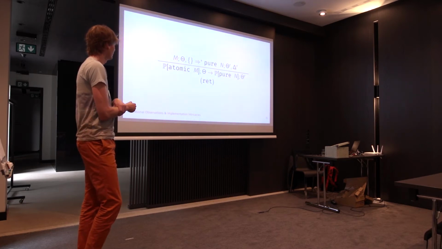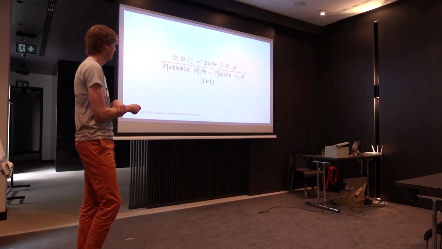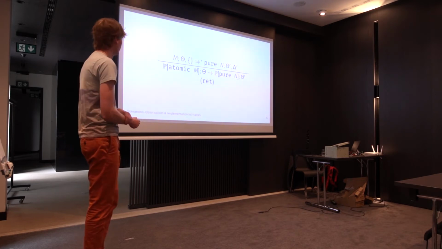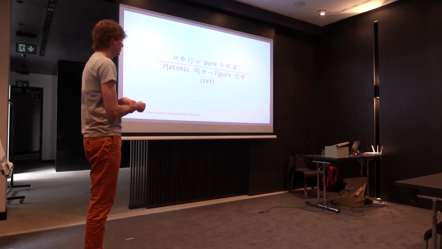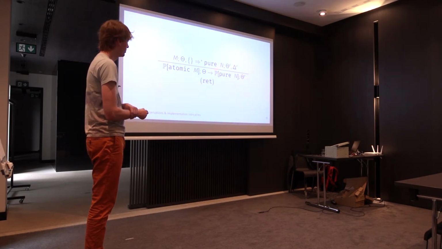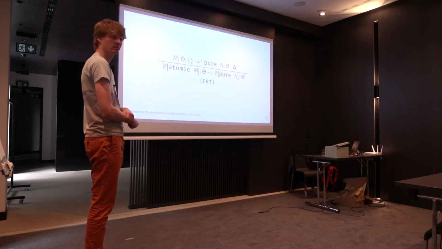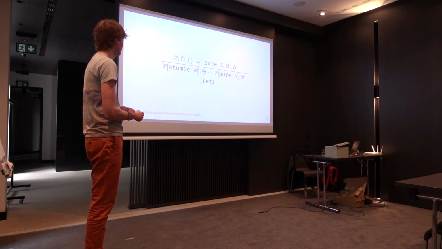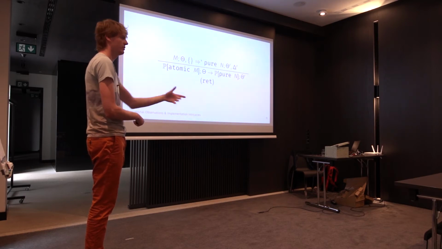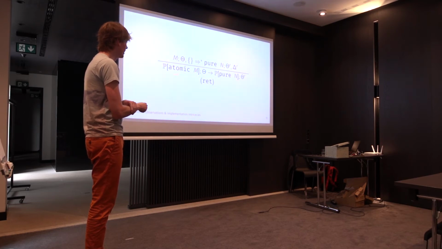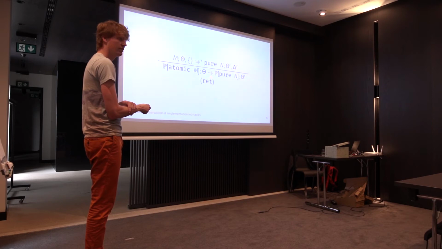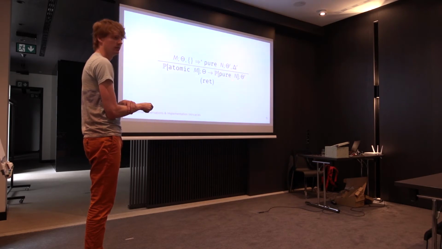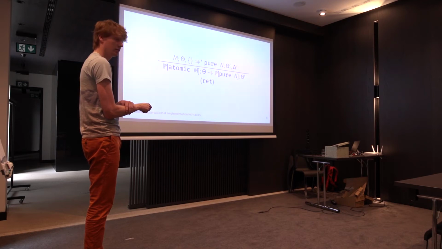So, given M, which occurs here, and given N, which occurs here, we can see that this is about if M, through a series of 0 or more STM transitions, ends up with something that looks like pure N, then if we put the terms, which can contain multiple consecutive terms, if we wrap those in an atomic, do a single IO transition, we end up with the same expression here. Right? With me so far? Good.